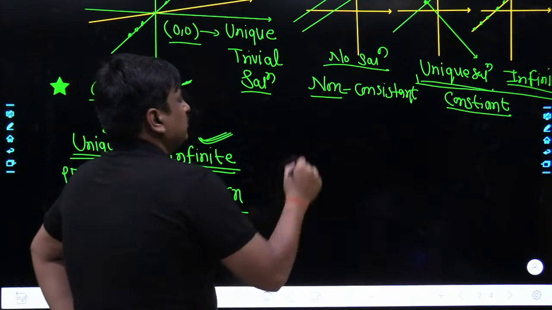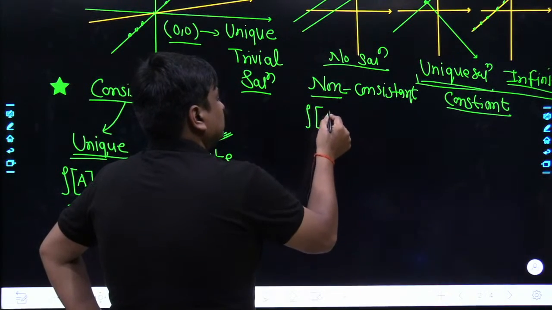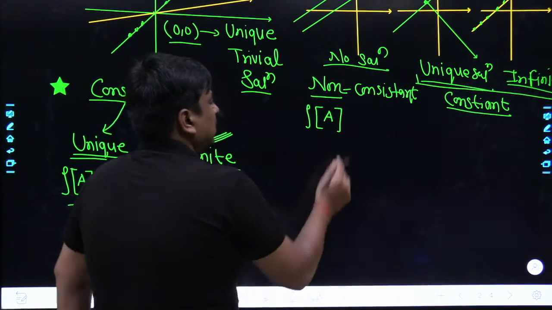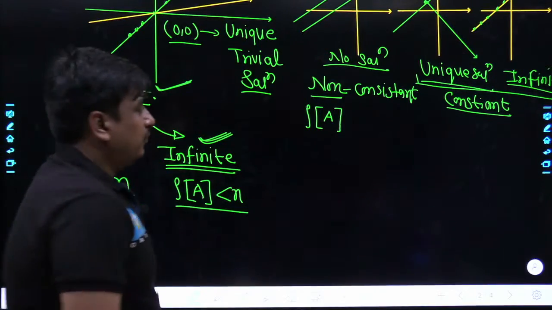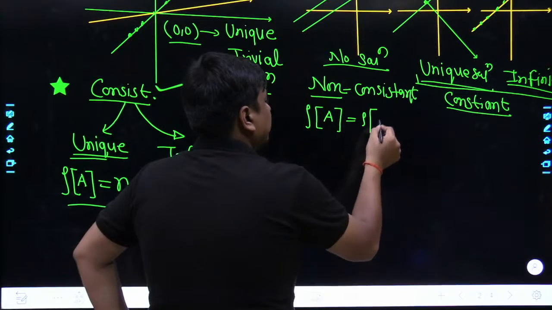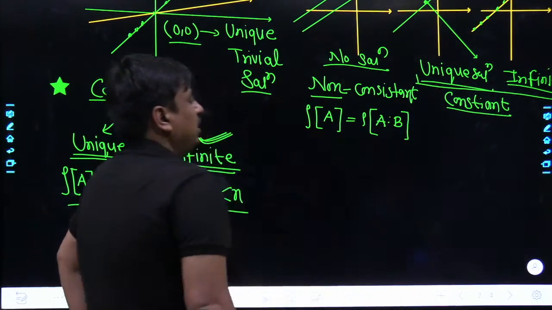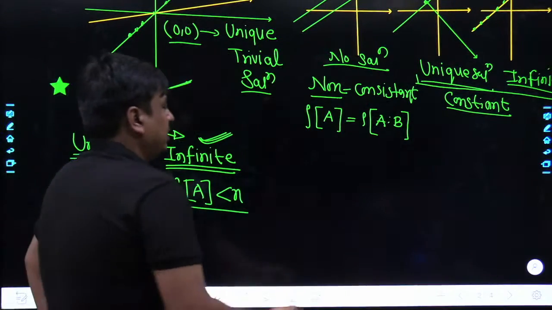Now, what we do: first we get the rank of A and we compare it with the rank of A augmented B. We'll see how we do that.